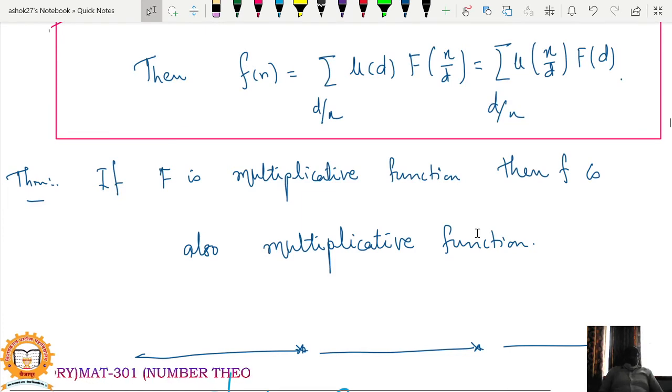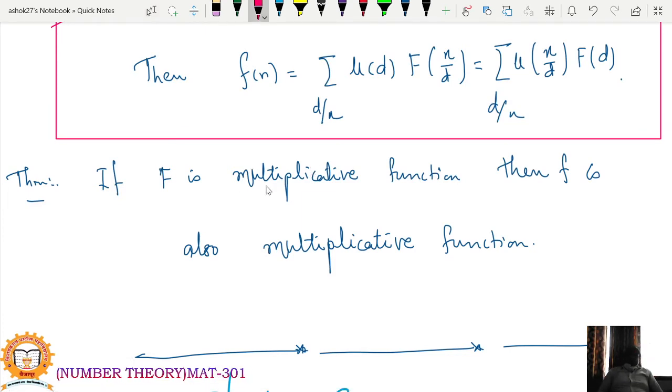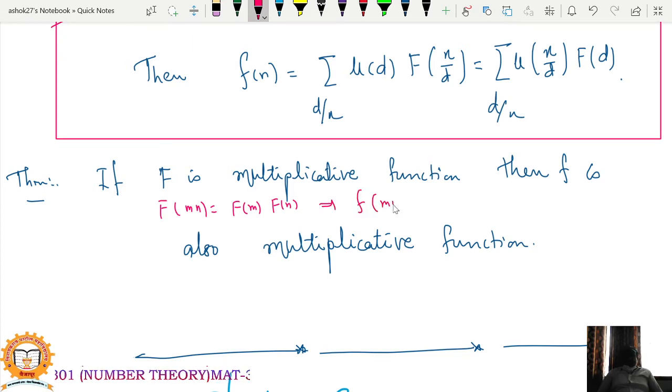So next there is one theorem. If capital F is a multiplicative function, then small f is also a multiplicative function. It means if capital F satisfies this condition, that is capital F of m into n is equal to capital F of m into capital F of n, it implies that small f of m into n is equal to small f of m into small f of n, where GCD of m and n equal to 1.